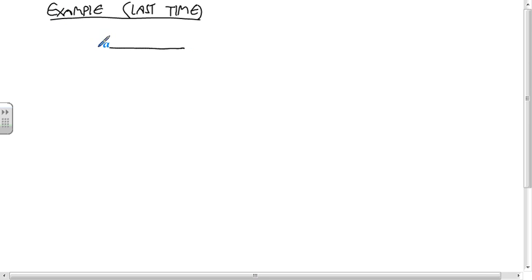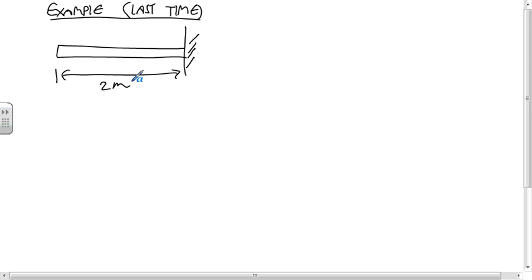And the problem was, we have a cantilevered beam with a length of 2 meters. And we're looking at a line that's halfway along the length, so this is 1 meter.